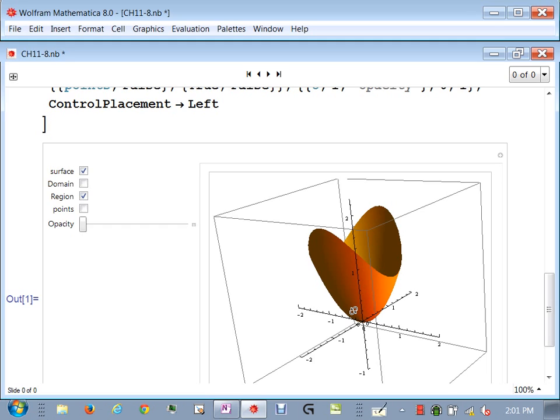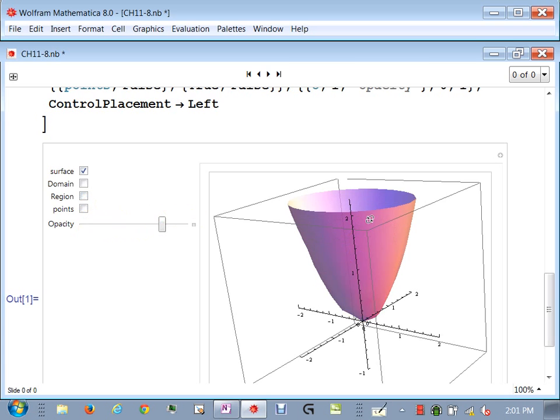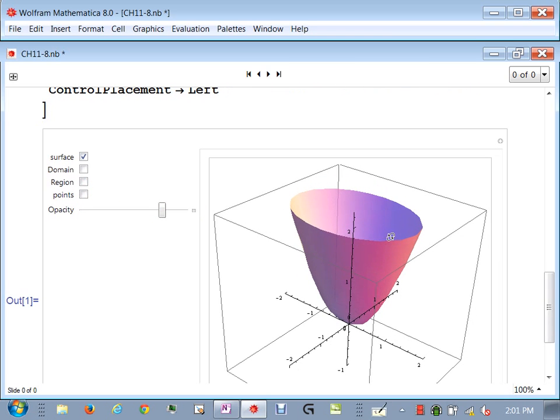So, any ideas? What if I don't restrict it at all? Could you find that lowest point? How would you do that?